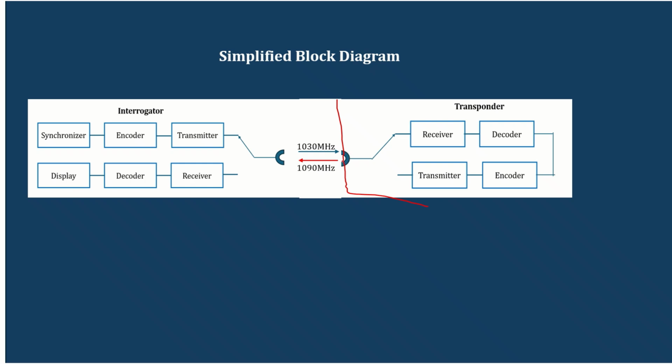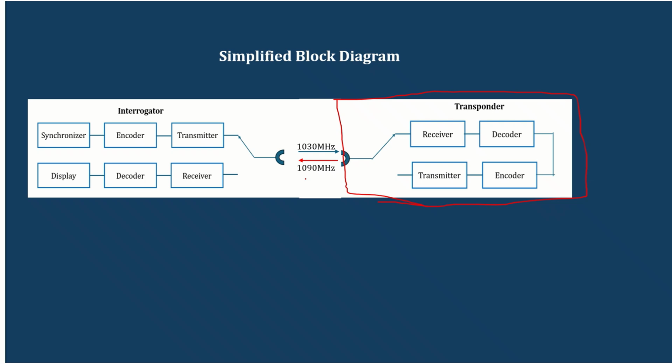Once it is sent back, this antenna on the radar receives that information and decodes it, and based on that we get an idea about the aircraft. For the transmission from the transponder, it uses another frequency of 1090 megahertz.